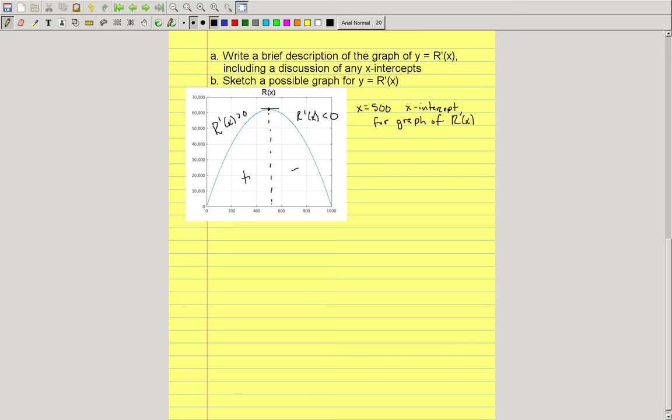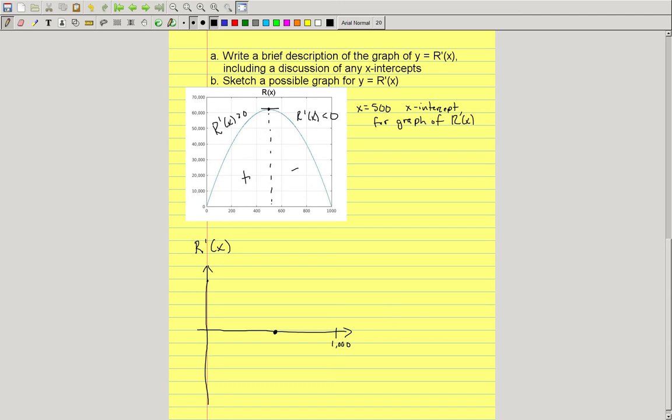Okay, now we have enough information to draw our graph for r prime. So we're going to be graphing r prime of x. We're going to use the same axes as our previous graph, especially in the x direction. We'll mark off 1 to 1,000 here. And we see that at approximately x equals 500, we know we're going to have our x-intercept, because that's when the function switches from being positive to being negative.